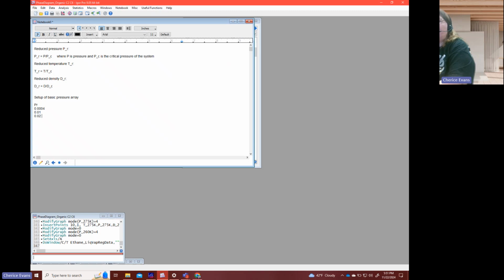And then I'm going to step between 0.02 and 0.1, step by 0.02. So that means I'll have a 0.02, a 0.04, a 0.06, a 0.08, and then a 0.1. So that's what that notation is going to mean in this notebook.